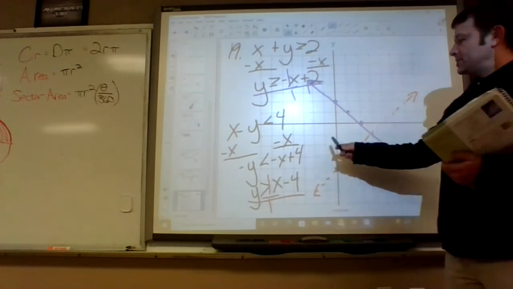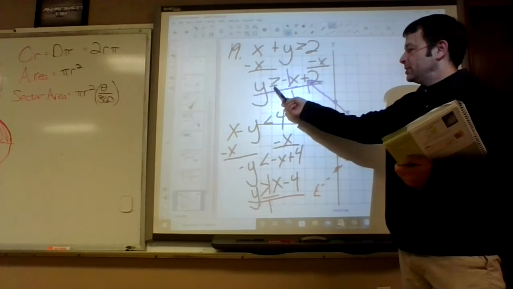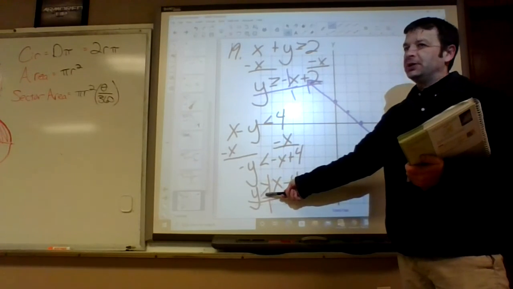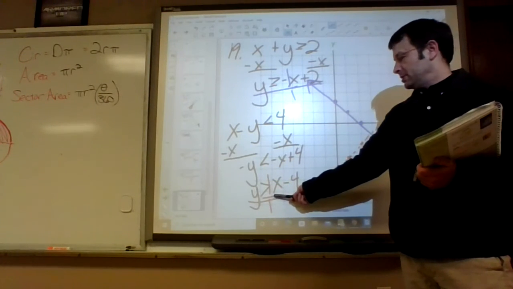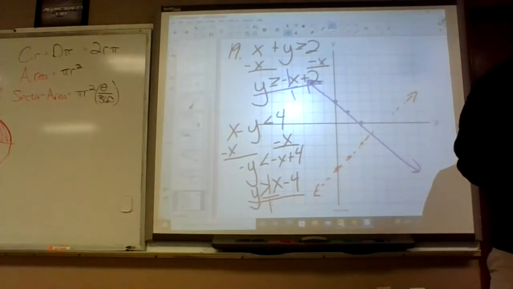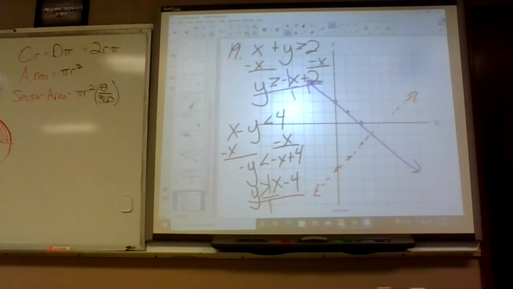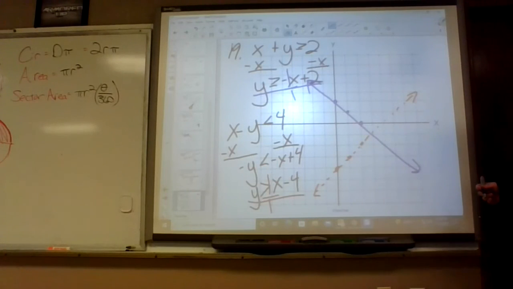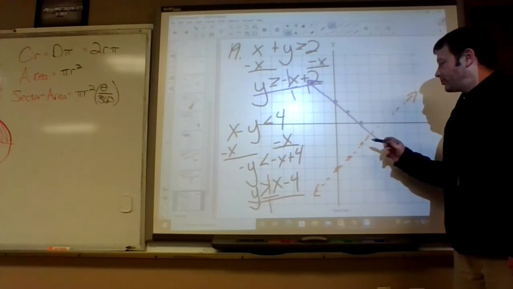My first line says y is greater than, and my second line says y is greater than, after I solved it for y. So what does that mean if they're both greater than? It means you need to go above both of them. Where is it above both of them?